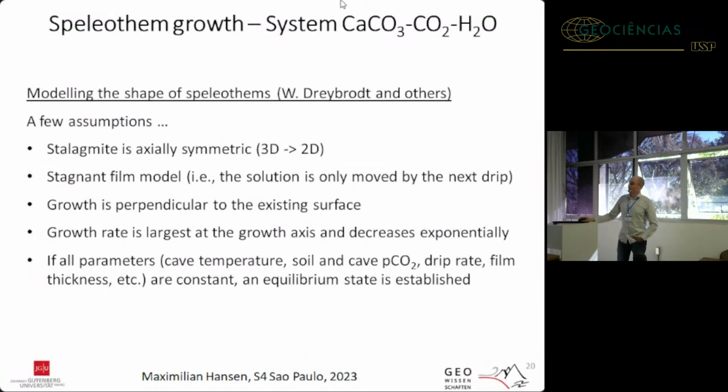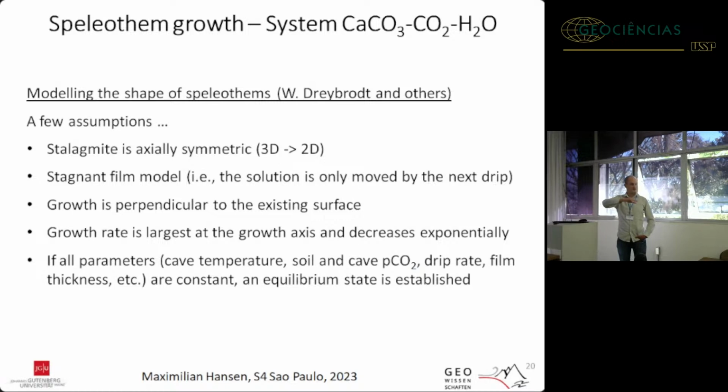So yeah, I thought that would be worth mentioning. What Wolfgang Dreybrodt and others also did was try to model the shape of speleothems, but they had to make a few assumptions for that. The first assumption is that the stalagmite is axially symmetric, and for the next slides I will show you the stagnant film model, which means that the solution is only moved by the next drip.